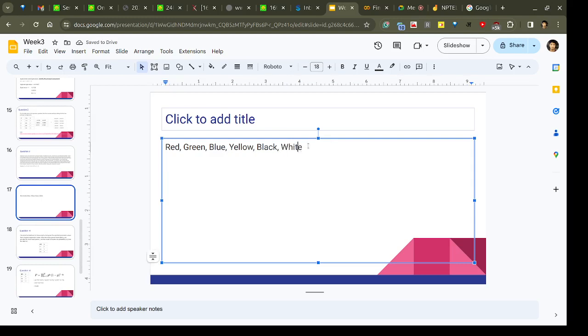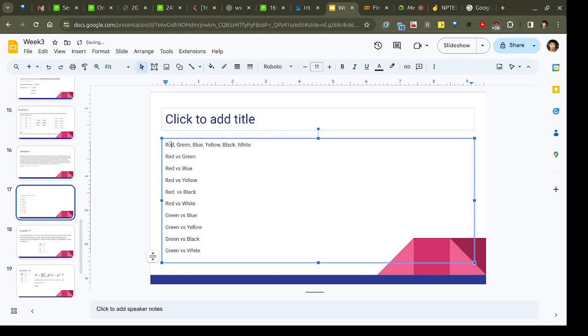Basically you have to do the pairwise thing, so everything needs to be compared against everything. Red versus green, you need one classifier. Red versus blue, red versus yellow, red versus black, then red versus white. So red is complete. Then again you have to do green versus blue, green versus yellow, green versus black, green versus white. So this kind of thing.